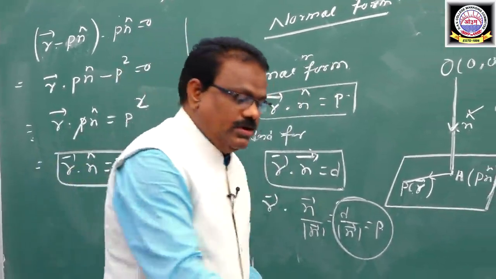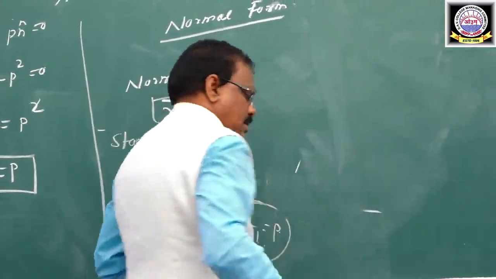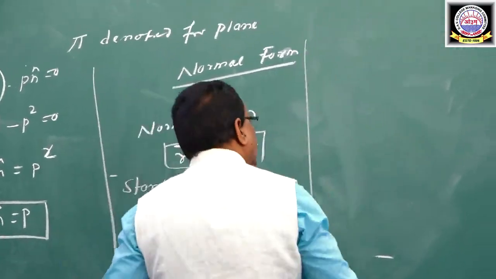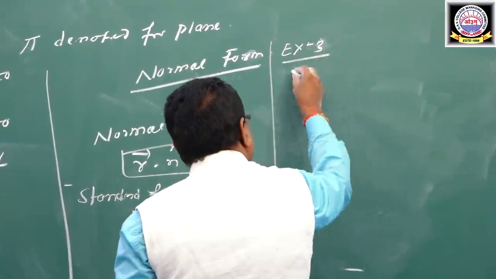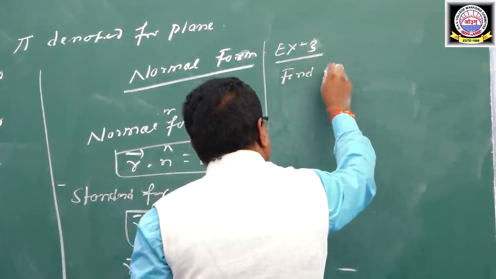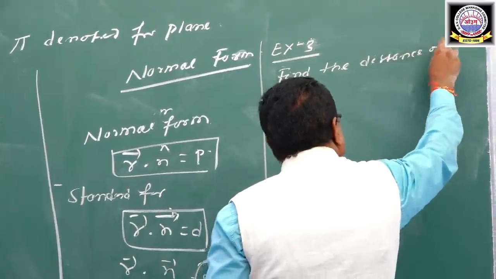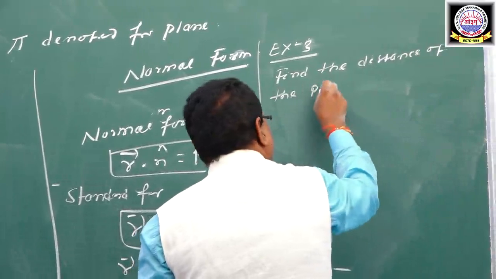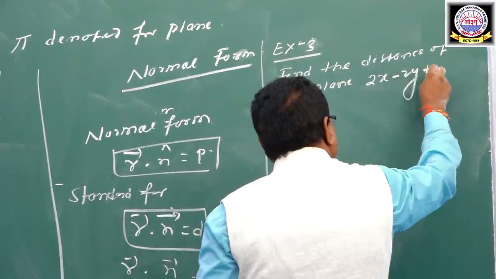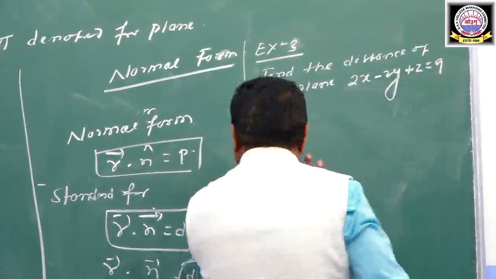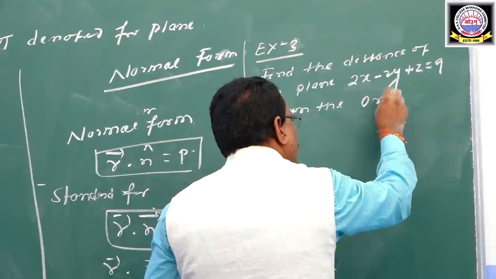I am taking a small question on it, very small question, it may be a 2 marks question. Write down this question. Find the distance of the plane 2x minus 2y plus z is equal to 9 from the origin.